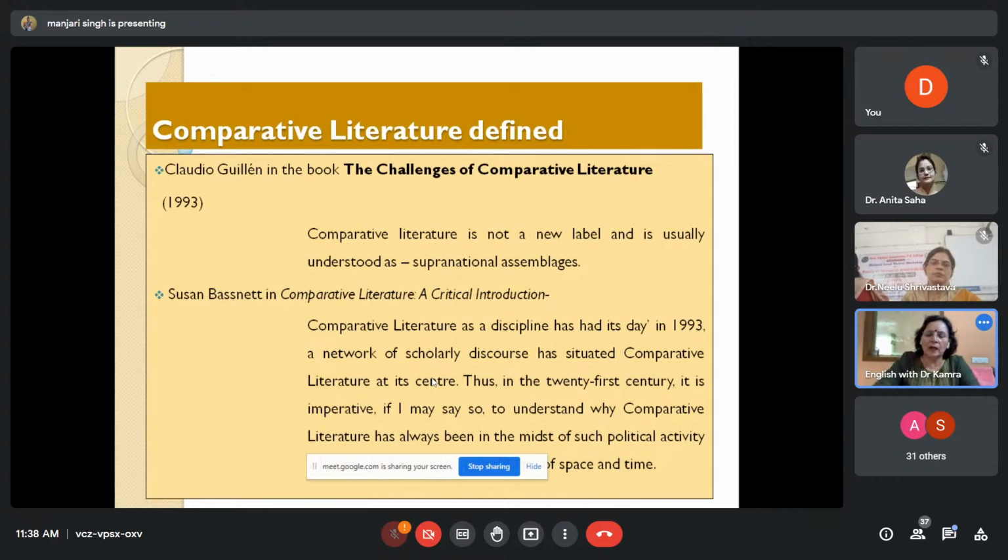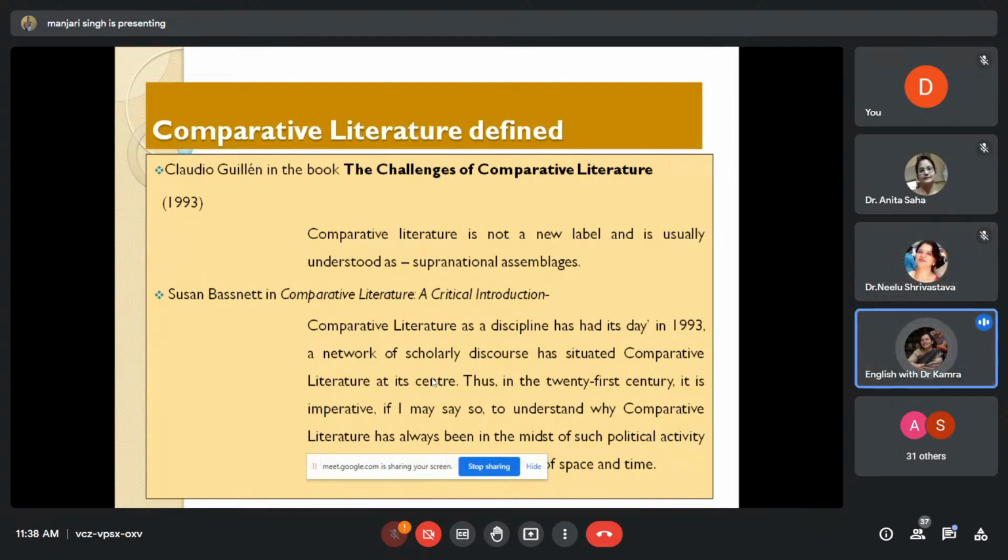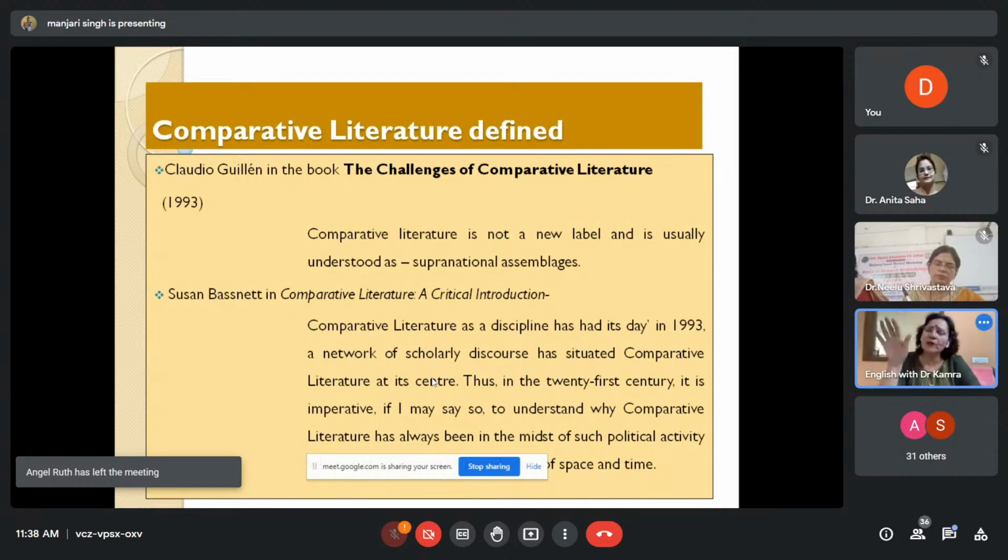Now, comparative literature had its birth much earlier, but it was a kind of birth in which no cry, no sound, no jubilation was made. It was a very silent birth. It was a kind of birth which nobody noticed. I should tell you that this was not an illegitimate birth, but it was an unknown birth.